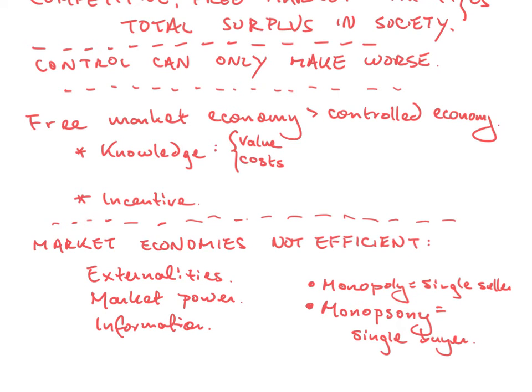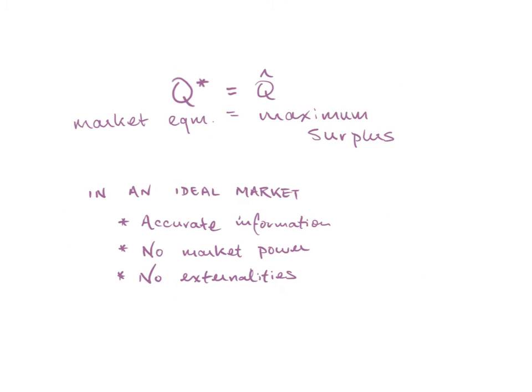But again, markets will fail to be efficient generally in these three cases: when there are externalities, when there's market power, or information. So, this slide repeats what I just said. Market equilibrium maximizes surplus, in this ideal market with accurate information, no market power, no externalities.